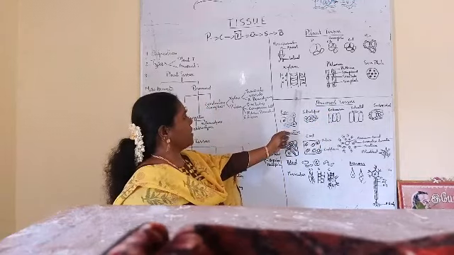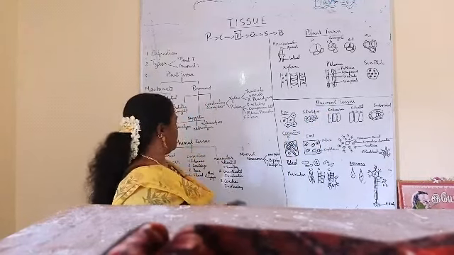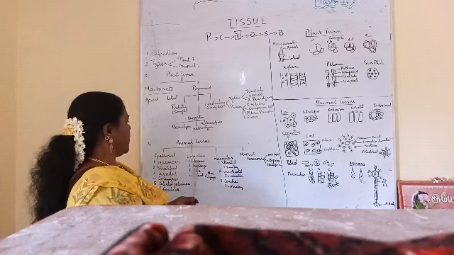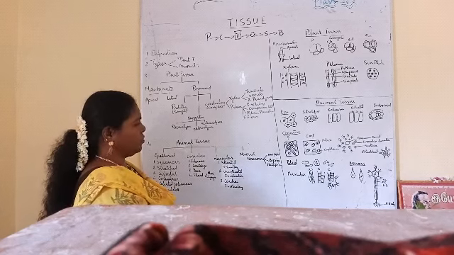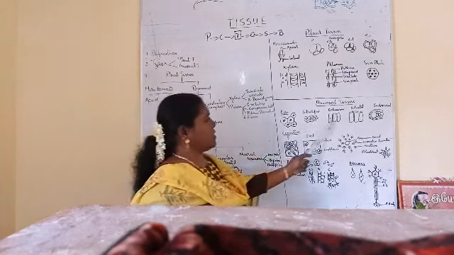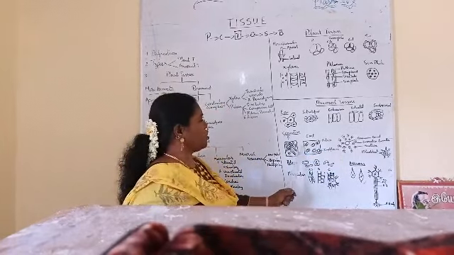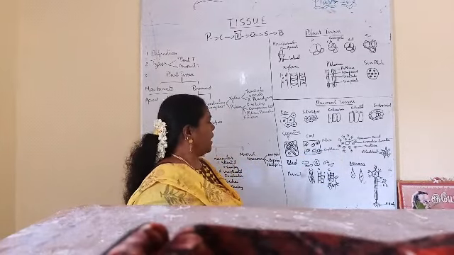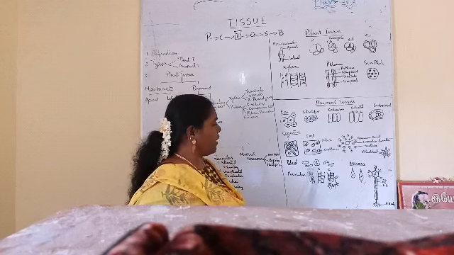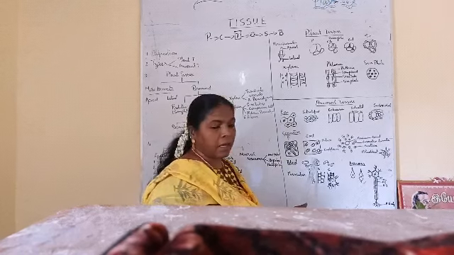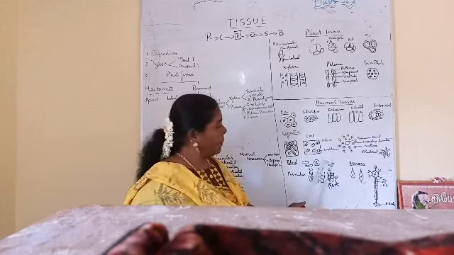With this we are finishing plant tissue. Then animal tissue: epithelial tissue, connective tissue, muscular tissue, neural tissue. Epithelial tissue, all these types we have seen. And connective tissues, these types, and blood tissue, lymph, I already told you it contains only the WBC and plasma.